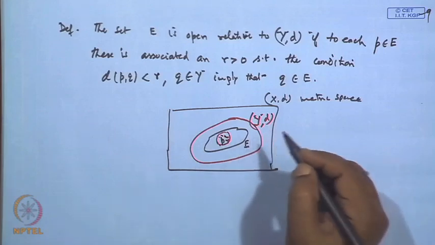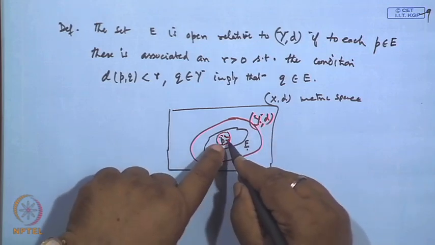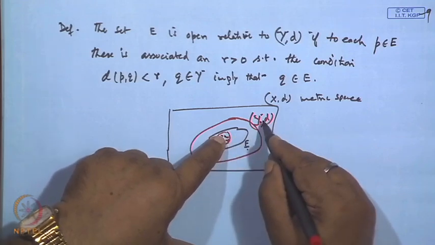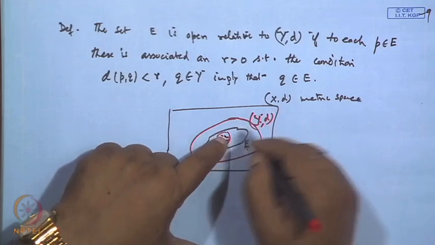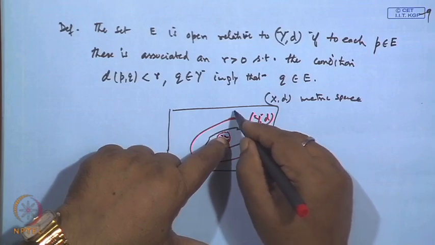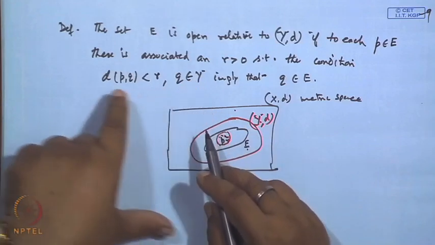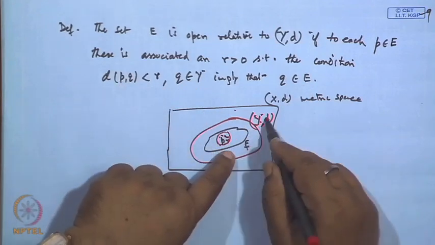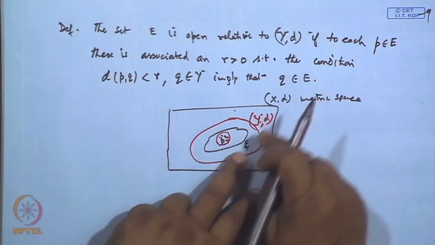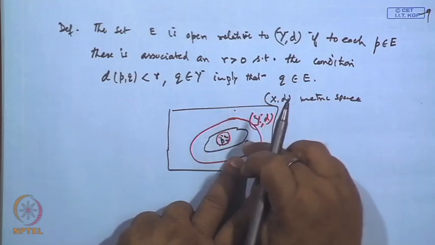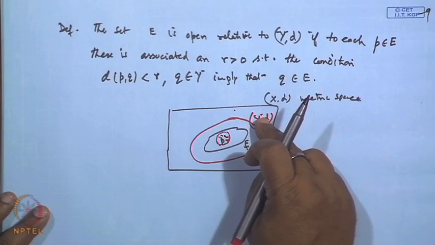Then we say that E is open with respect to Y. Now, when you draw the neighborhood around p, the point q which you are choosing must be a point of Y. Of course, a point of Y is also a point of X, but there may be some points which are in X but not in Y. So, when the distance d(p, q) is less than R and q belongs to Y implies q is in E, then we say E is open in Y. It is as if there is no X, only E is a subset of Y, and every point of E is an interior point with respect to Y. That is all. Then we say E is open relative to Y.